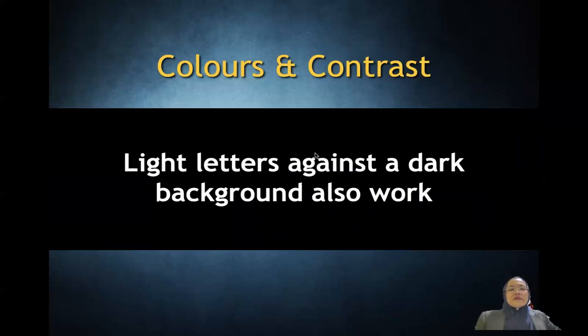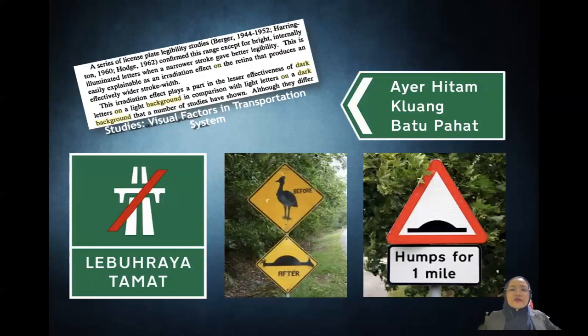Light letters against a dark background also work, like I said just now. As you can see here, if a greater distance is required, on a highway for example, normally they will use lighter text on a darker background. Studies on visual factors in transportation systems have already been done.